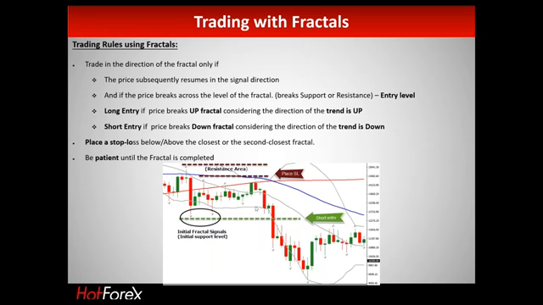So we have no clear vision on the direction of the market. However, on this last fractal over here, you have seen that it made a higher high than the previous higher fractal. As I said, the up fractal gives a bearish signal, but again we are not sure how the market is going to continue.